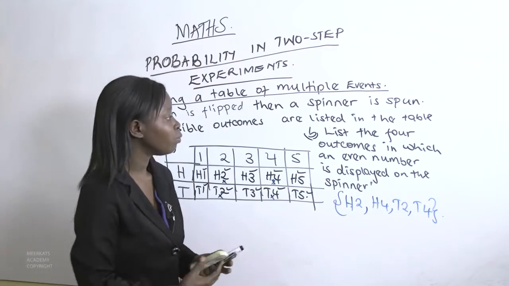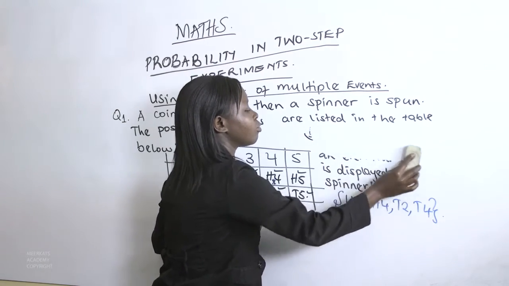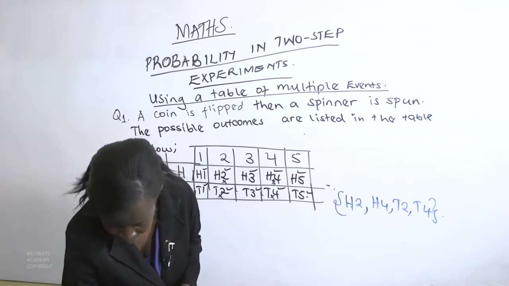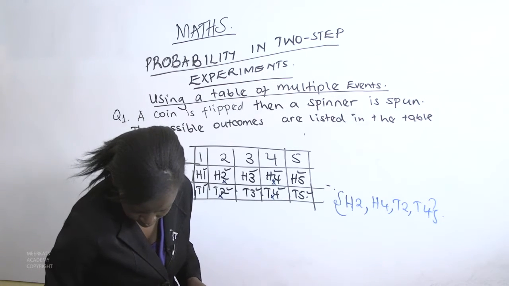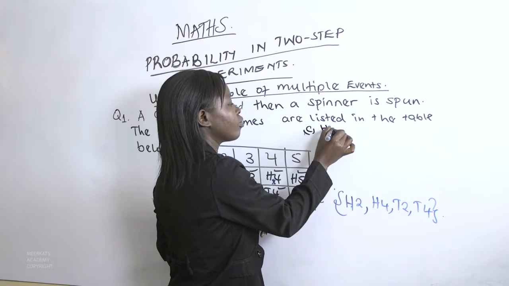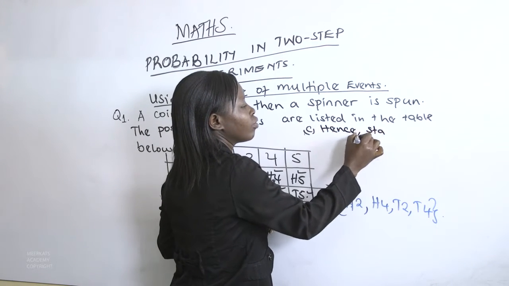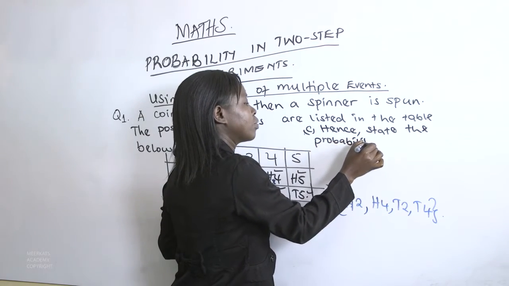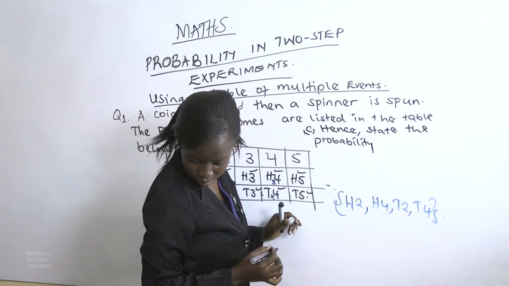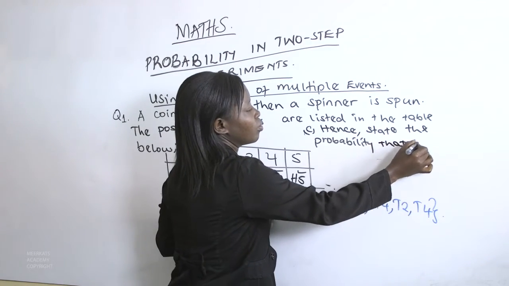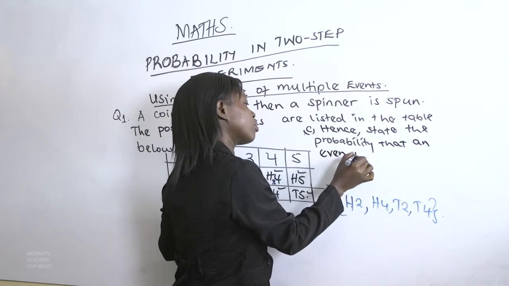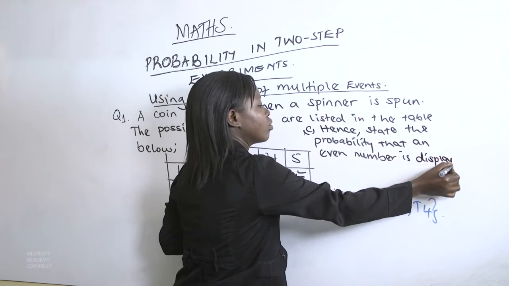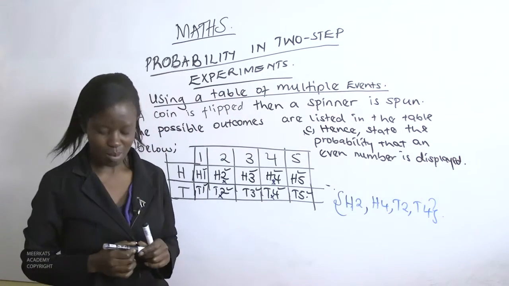Part C of the question. After we've gotten the outcomes with even numbers on the spinner, we are supposed to get the probability that an even number is displayed.